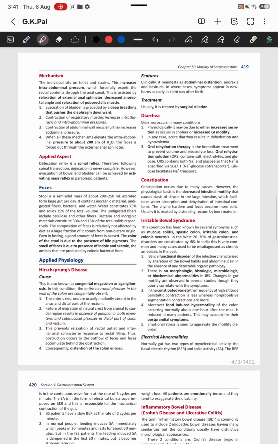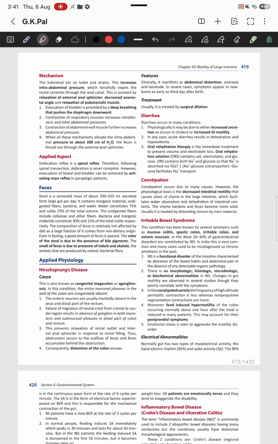In Hirschsprung's disease, the entire neuronal plexus is congenitally absent. Both myenteric and submucosal plexus are absent. Feature: abdominal distension. Treatment is usually surgical.